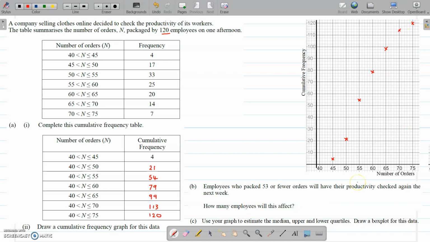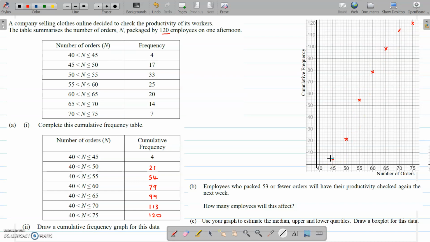Okay, now when you come to join the points together, you can do it in one of 2 ways. You can either have a smooth curve that you draw freehand, but you must visit all of the crosses, okay? Or you can have a series of straight lines with a pencil and ruler.